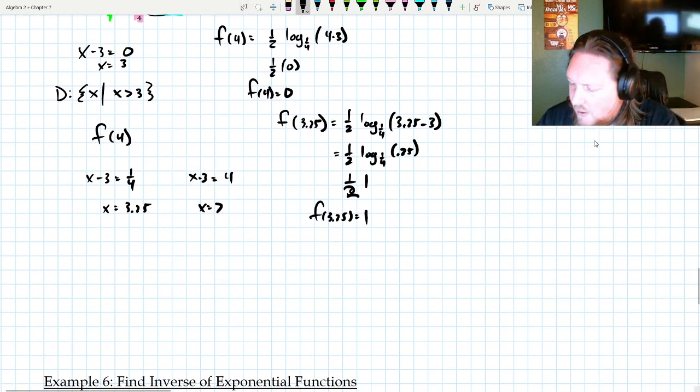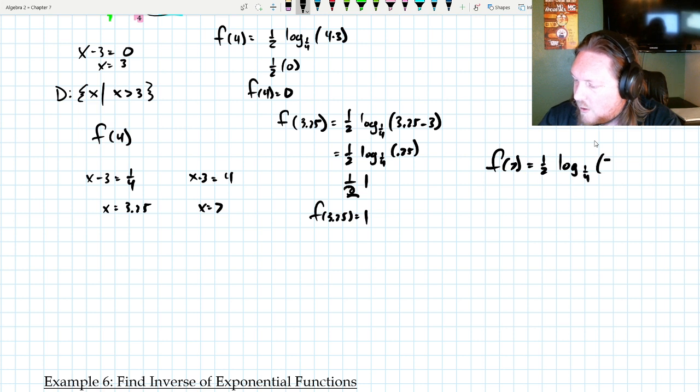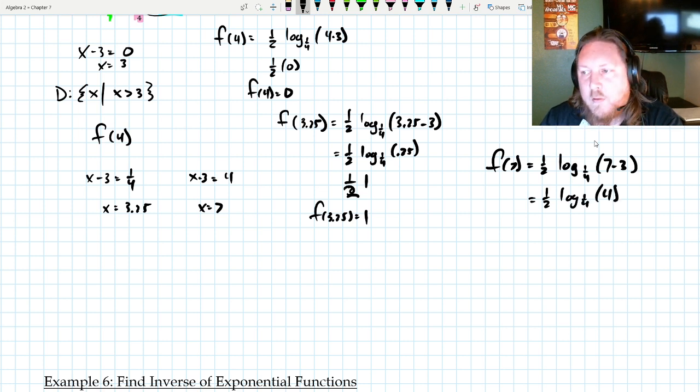Last one is going to be f of 7, 1 half times log base 1/4 of 7 minus 3. That's 1 half of log base 1/4 of 4. The log of its reciprocal is just negative 1.